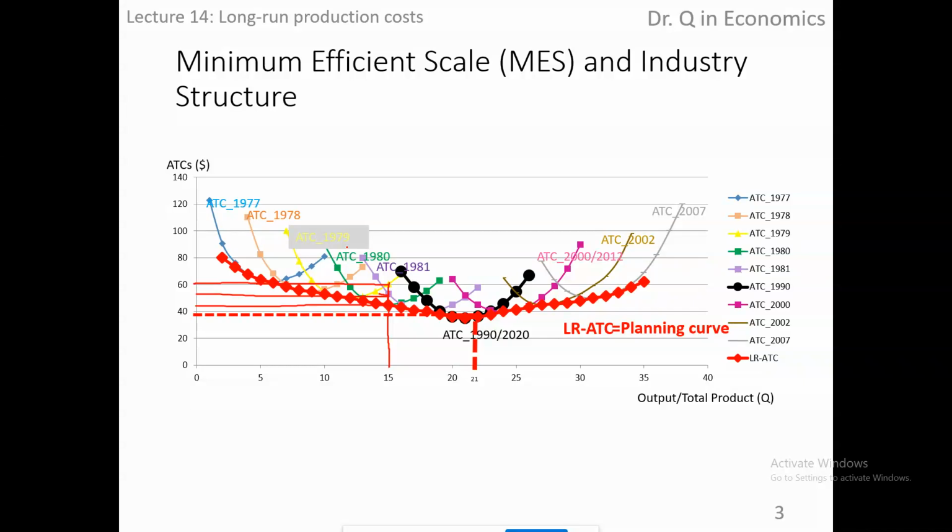Further, it tells us the size and output level that minimize not only short-run average total costs, but also the long-run average total cost. Here it is 21 units. 21 units minimize the long-run average total costs, and also minimize the short-run average total cost for the firm size of black, or the 1990 or 2020 firm size.